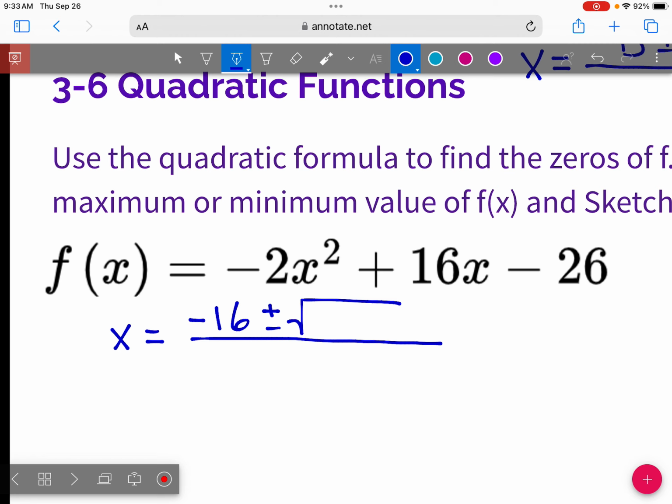Yeah, big numbers on this one, right? 256 minus 4 times 2 times negative 20, times negative 26. We get 208. Over 2 times a, so negative 4.